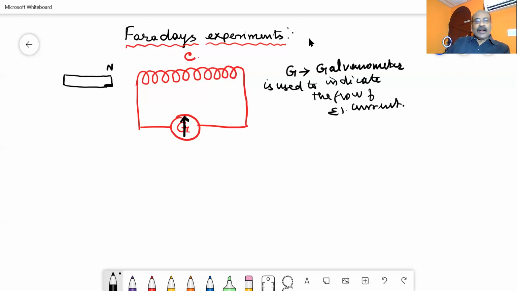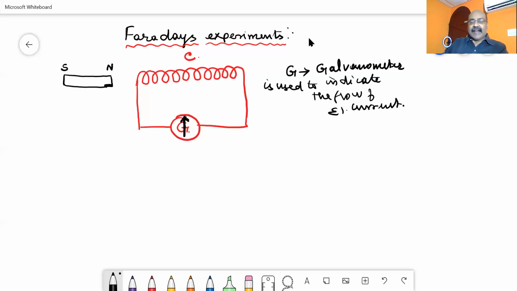When you place the magnet nearer to the coil, you can see there is no deflection available in the galvanometer when the coil and the magnet are at rest.